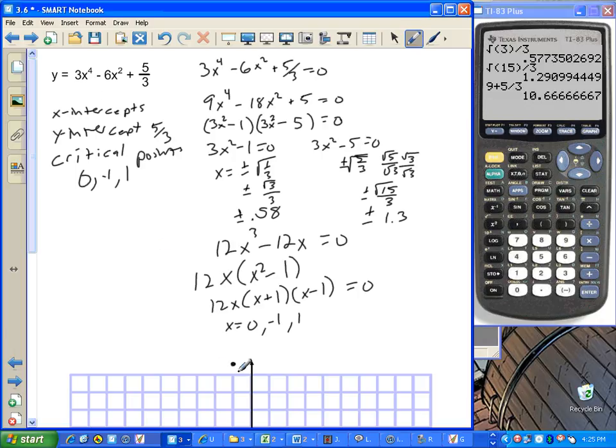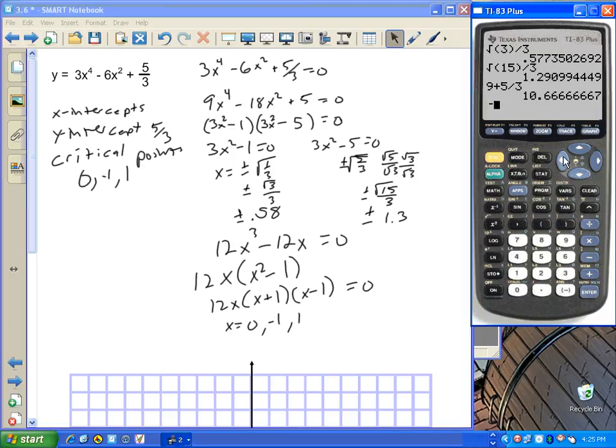Actually, I did that one wrong. I did a -1 wrong. Because this is squared, not cubed. So I'm going to have 3 minus 6, which is -3 plus 5/3.